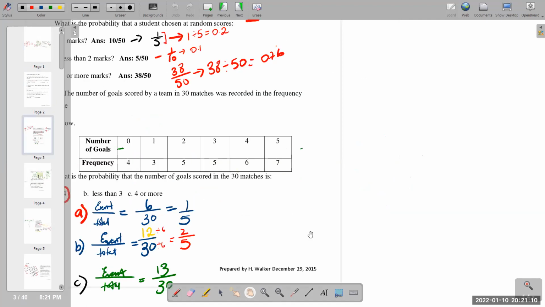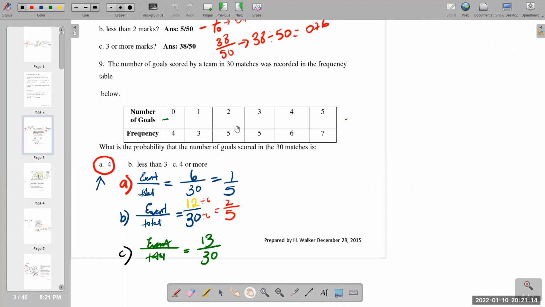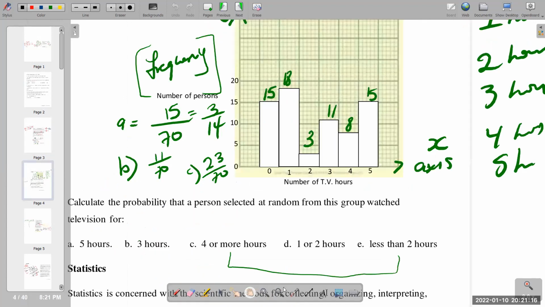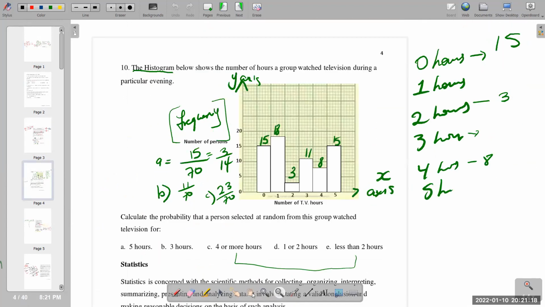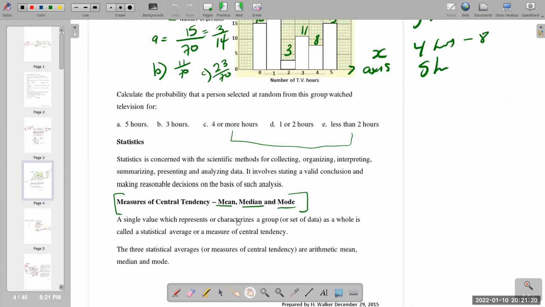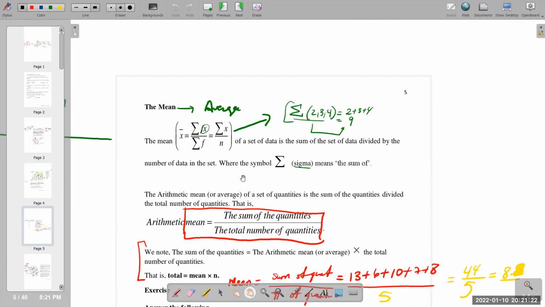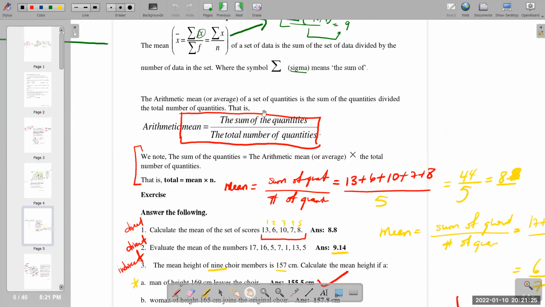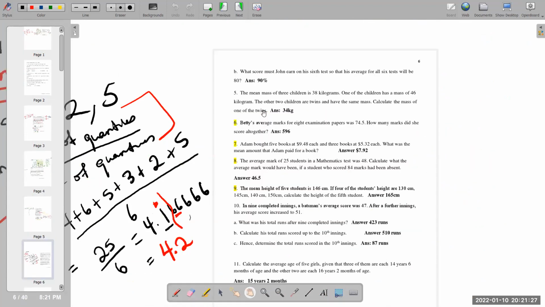We did some examples, including some CXC questions, which you handled well. Then we went into mean. We looked at the formula and some examples, and again I think we did pretty well. So we're going to end here today.